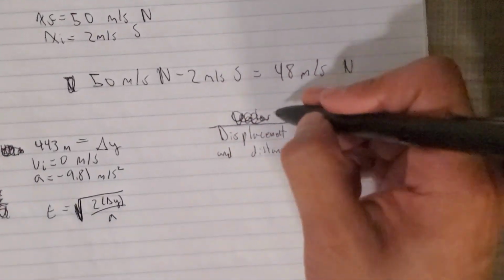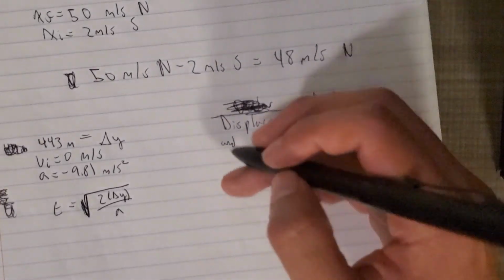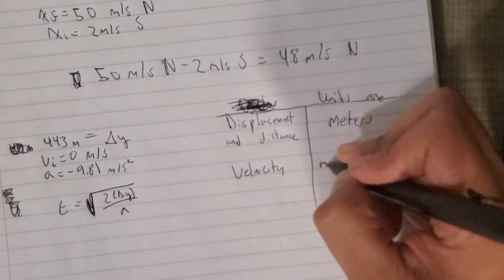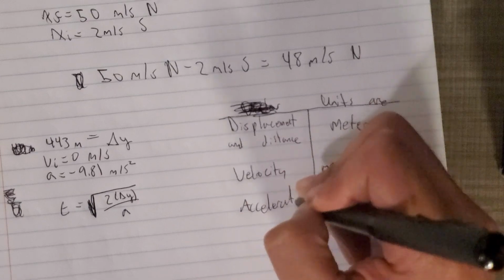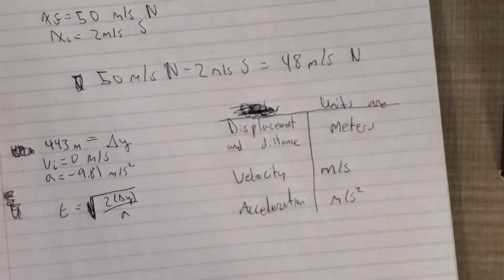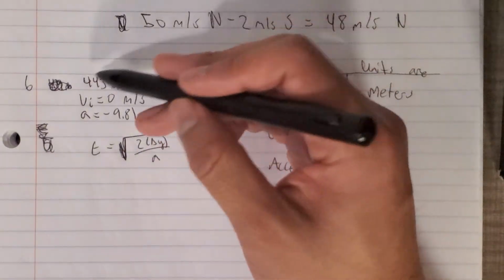For velocity, the units are meters per second, and acceleration, meters per second squared. So now you just apply that over here, this information.